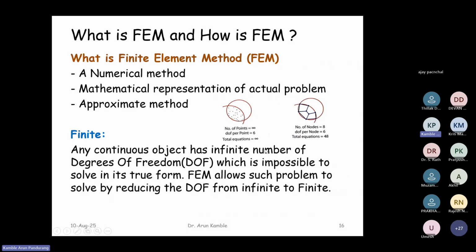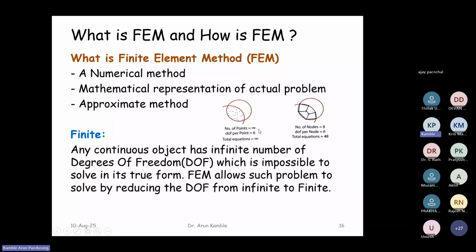So you can see there are a few points here. In the material we can consider this small point as one atom. So we can see the number of points here is infinite.